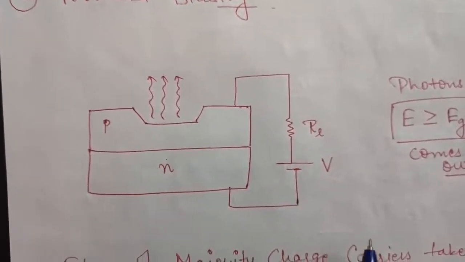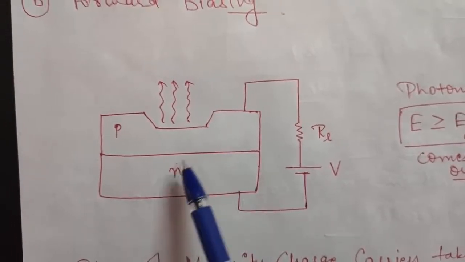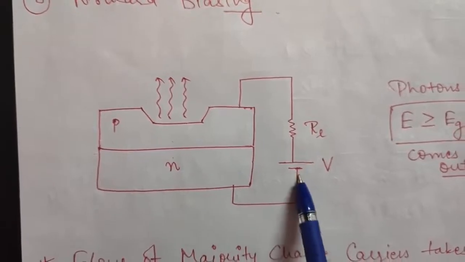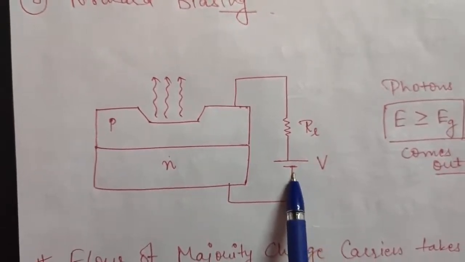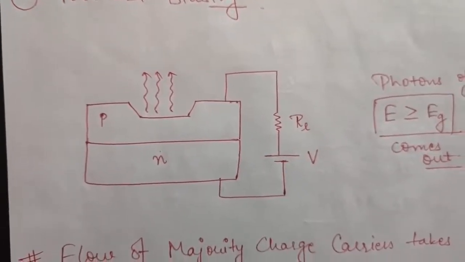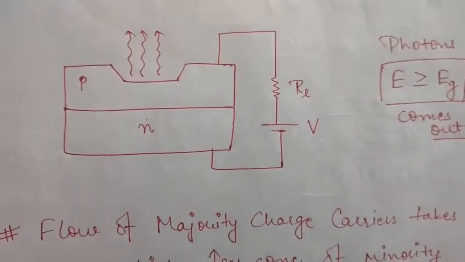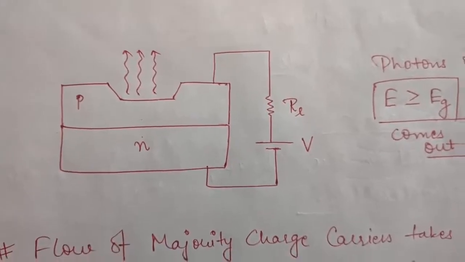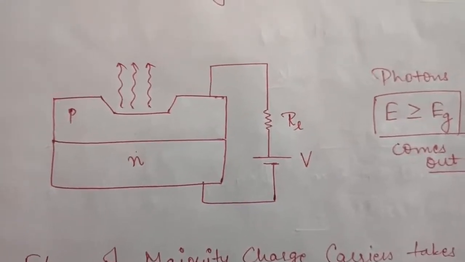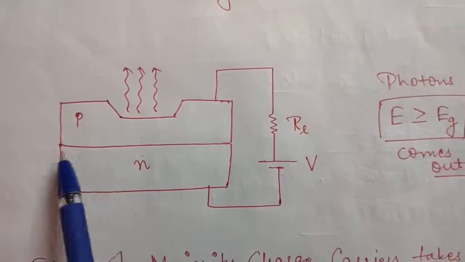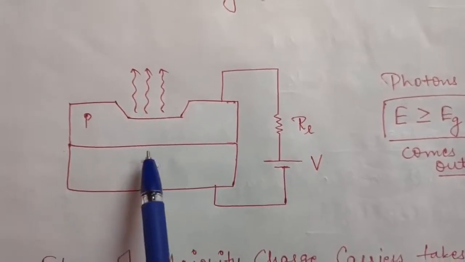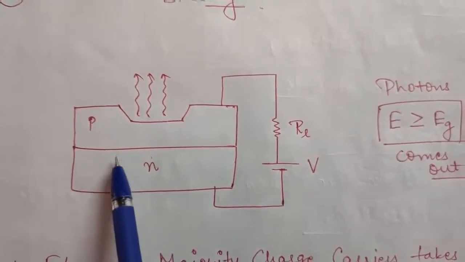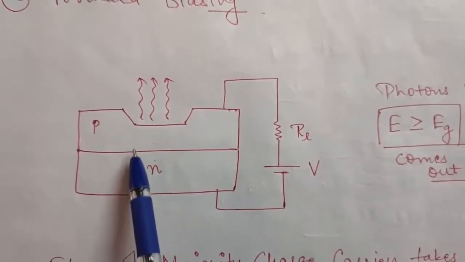Because it is forward biased, P type will be connected to the positive and N type to the negative of this external battery. In forward biasing, the flow of majority charge carriers takes place. The majority charge carriers near the boundary will be able to go more easily across the junction.